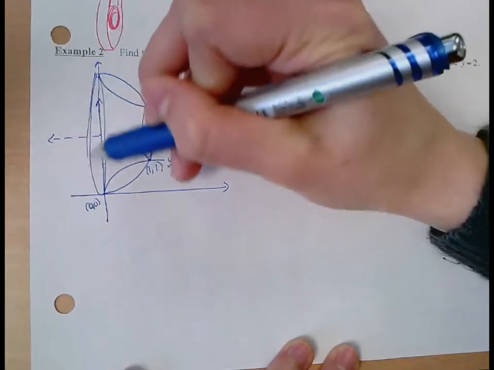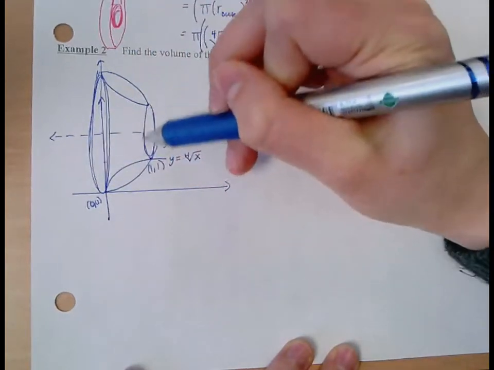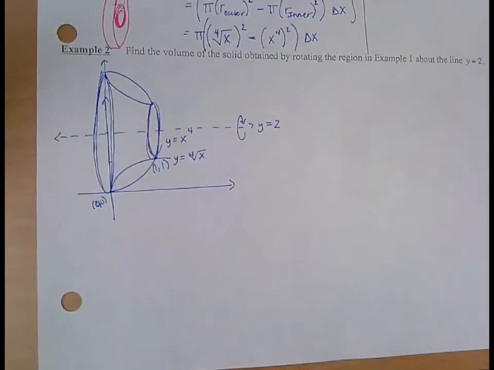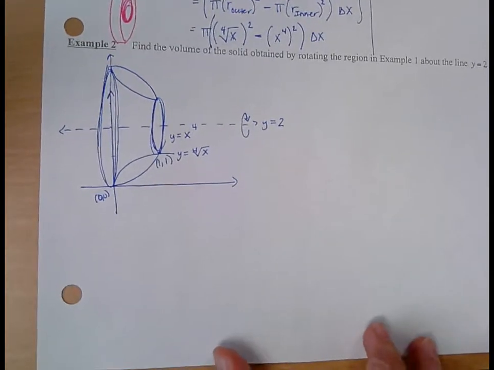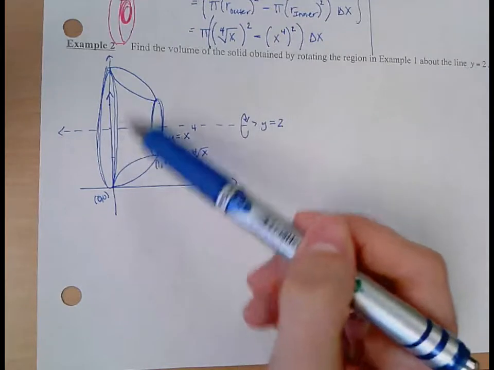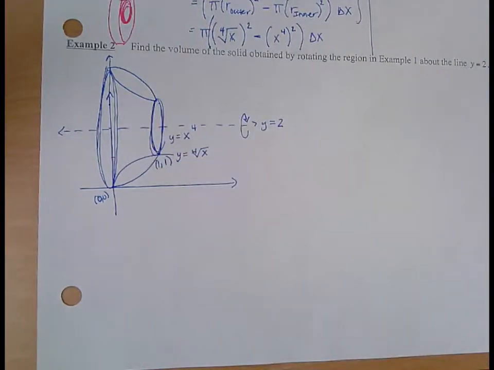If you actually looked at it rotated out, you could just see through it. And around the outer edge, that's where your solid, your volume, is coming from. Okay? So it looks weird.